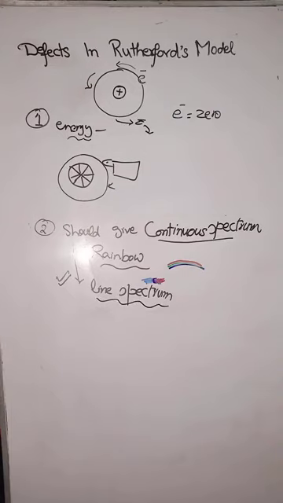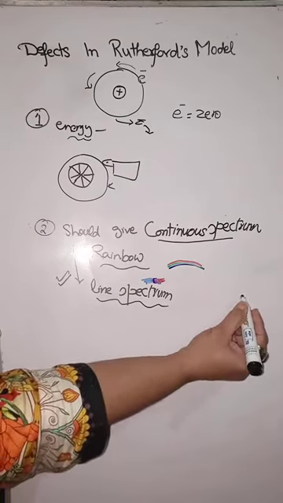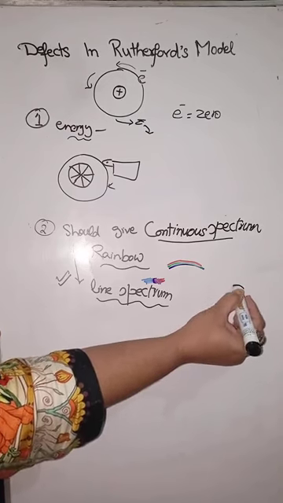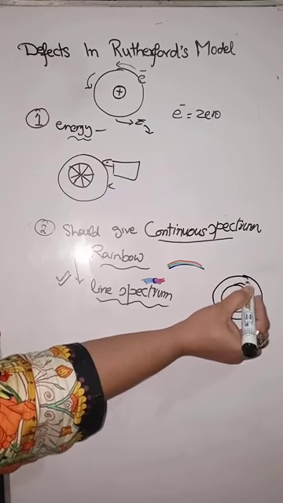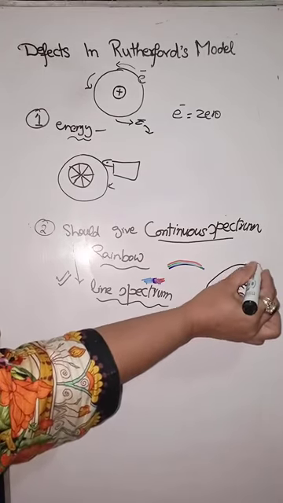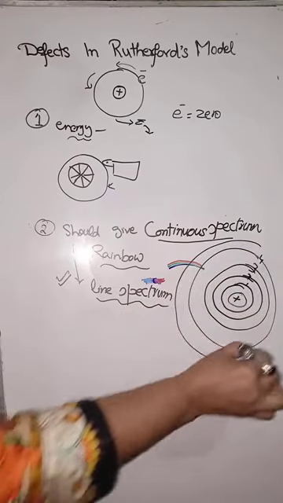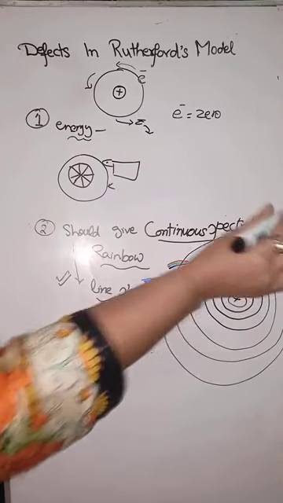According to Bohr, electrons are present around the nucleus in specific orbits, in different orbits. This is the first orbit, this is the second orbit, similarly this is the third orbit, the fourth orbit, fifth orbit, and then the sixth orbit, and so on.